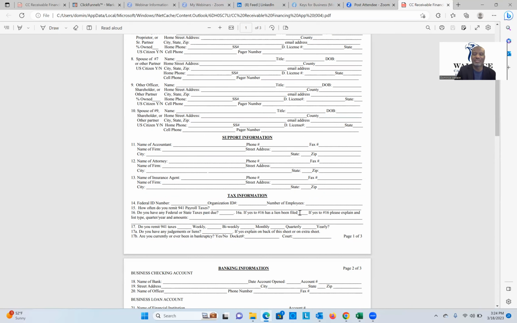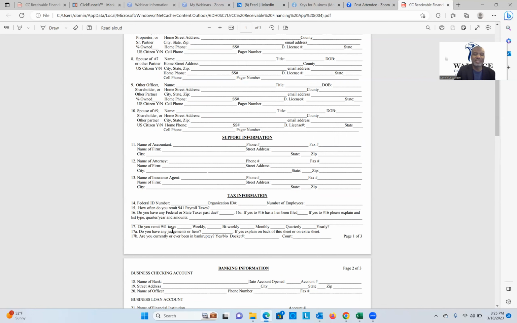Say yes; if it hasn't, say no. If yes, please explain the type, quarter, years, and amounts. So, for example, if you do it once a quarter, write that there, once a quarter, and approximately how much that is, and write down how often you remit that.